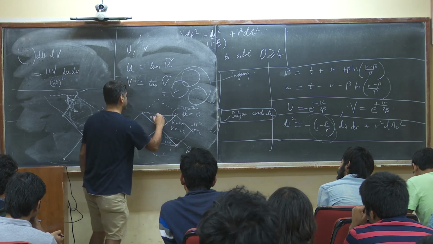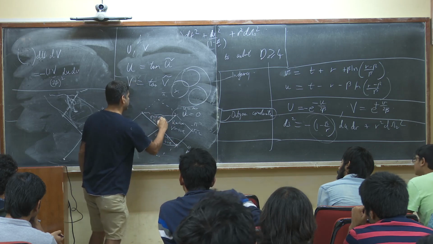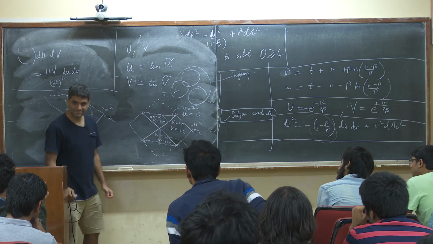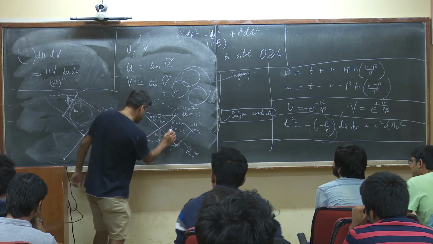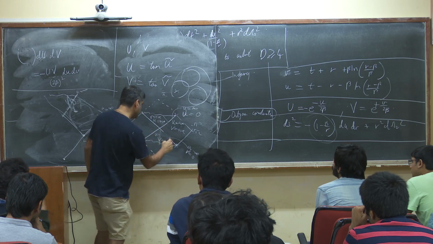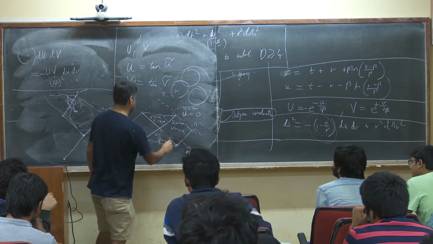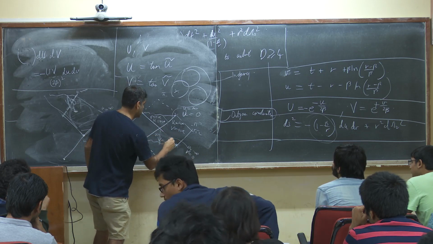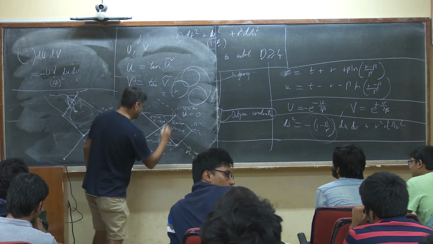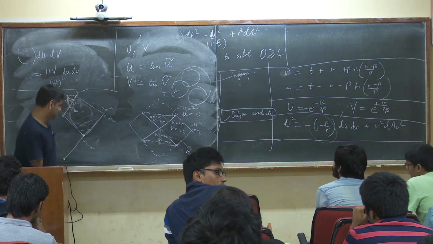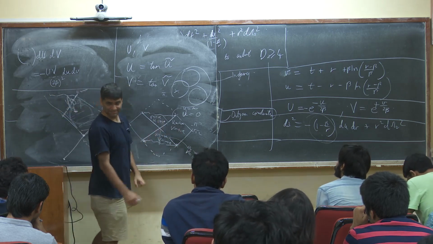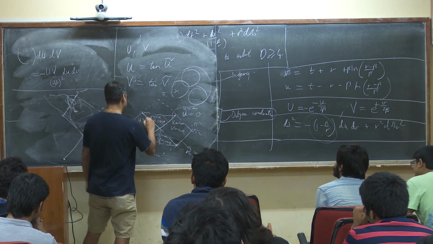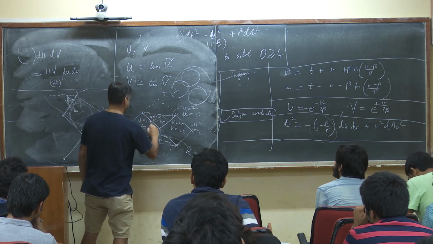So we have V is equal to positive and U is equal to positive. V is minus, yes. V, yes, thank you. U is minus and V is minus. Thank you. Okay? And here both have switched signs compared to here. So U is equal to positive and V is equal to negative.